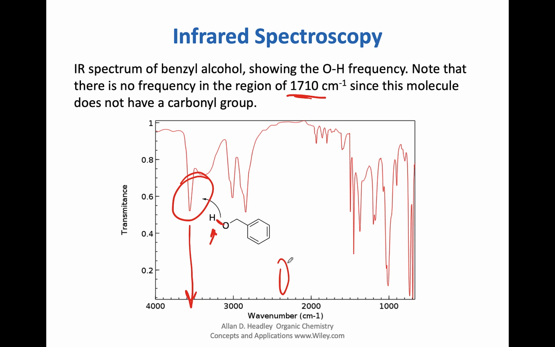So hopefully you can get from this infrared spectroscopy, by looking at the prominent bands here, an indication of the functional groups that are present. By looking at the bands that are not present, you can get a good assumption of what groups are not present in this unknown.